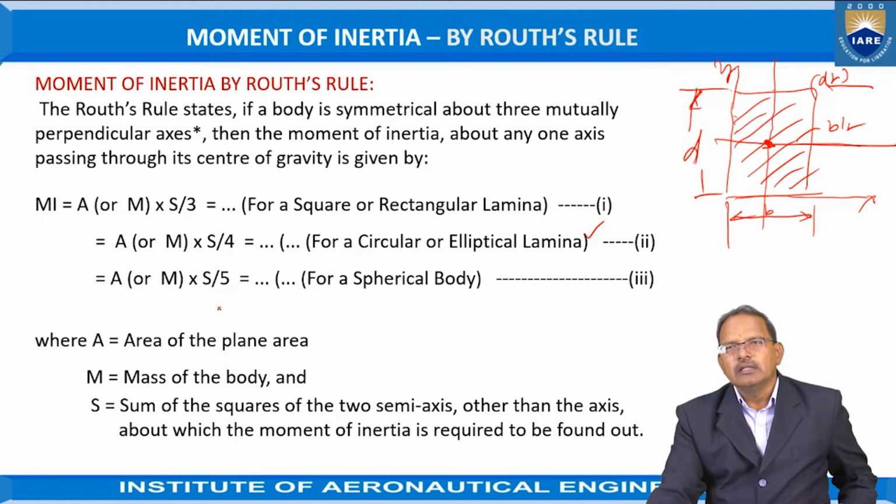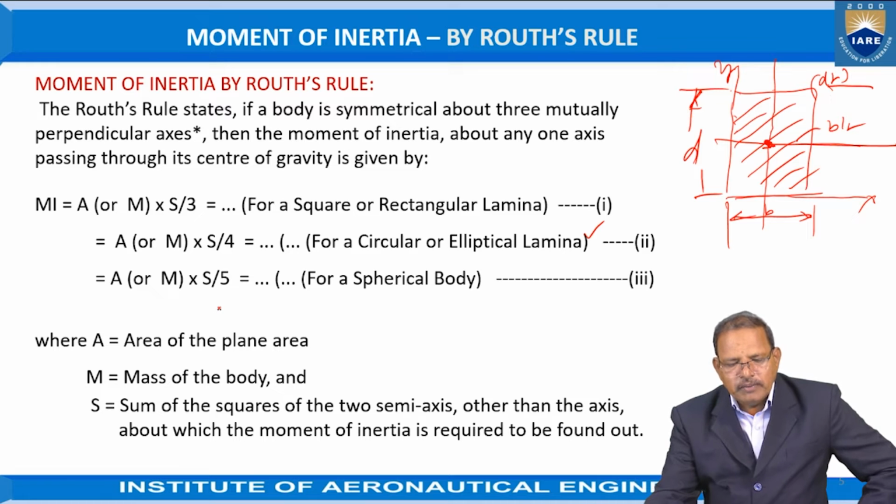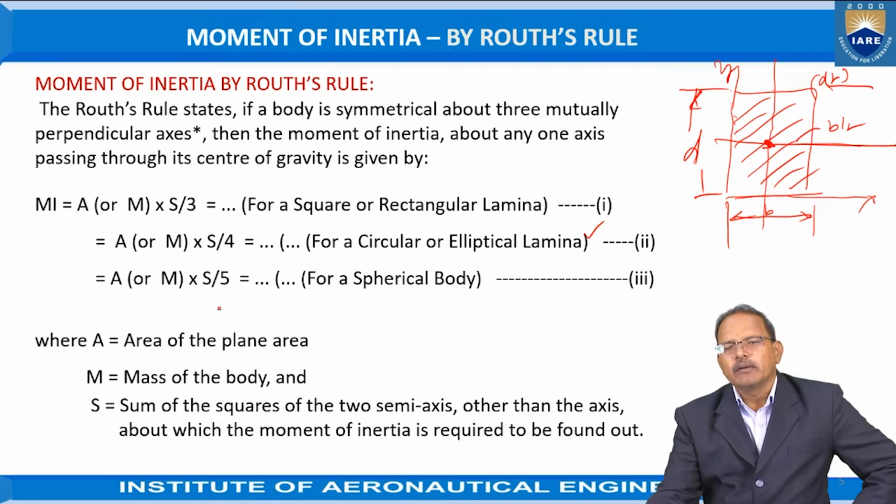If it is 3, it stands for square or rectangle. Divided by 4, it is for circular or elliptical lamina. 5 stands for a spherical body. It is only applicable for academic purposes, but not for science and technology applications.